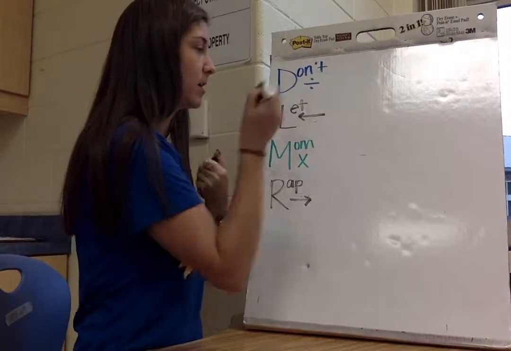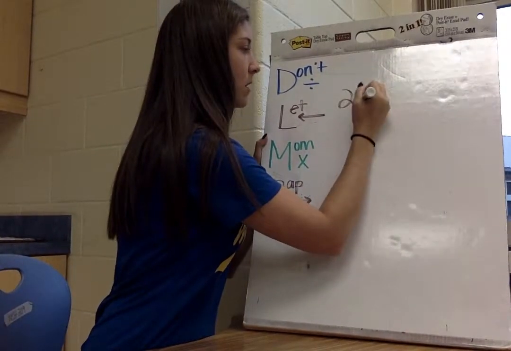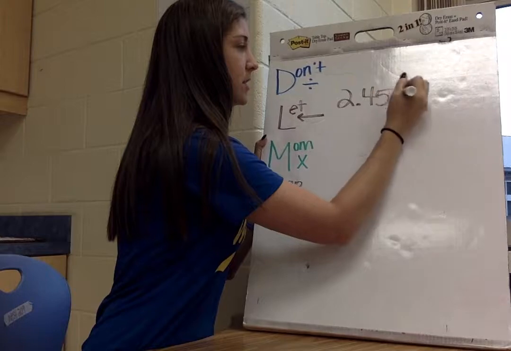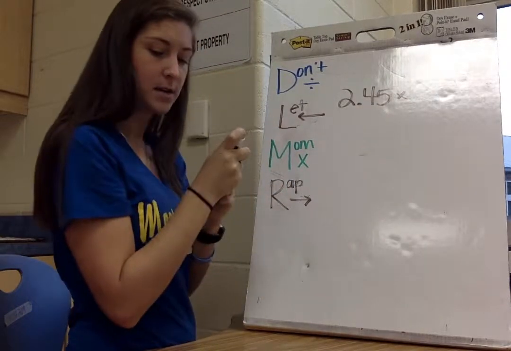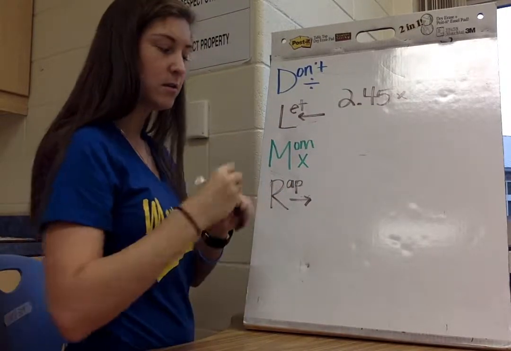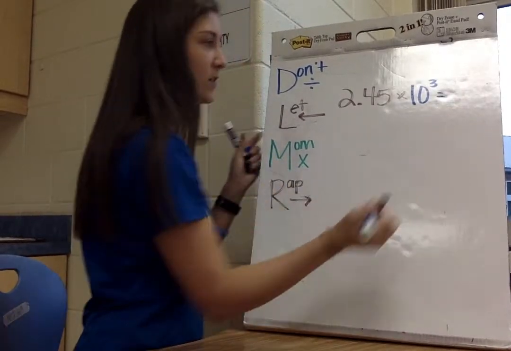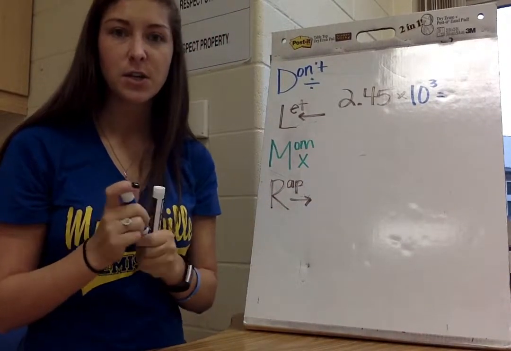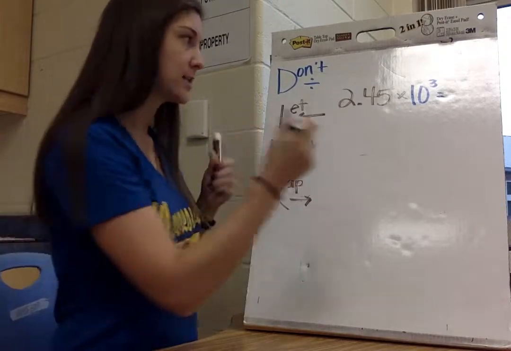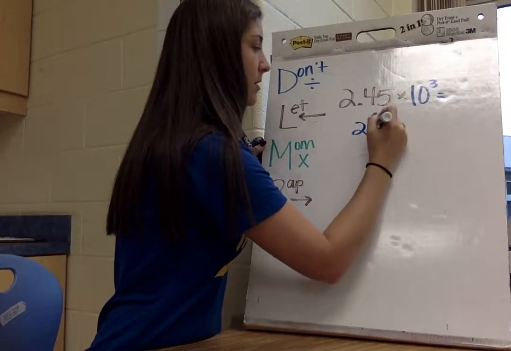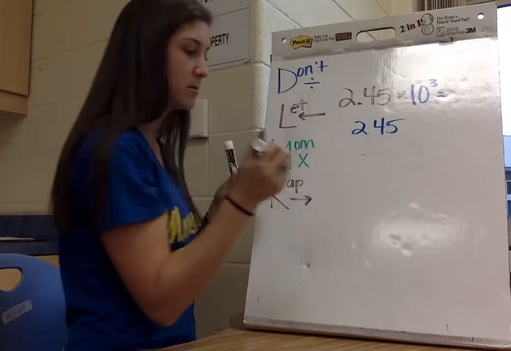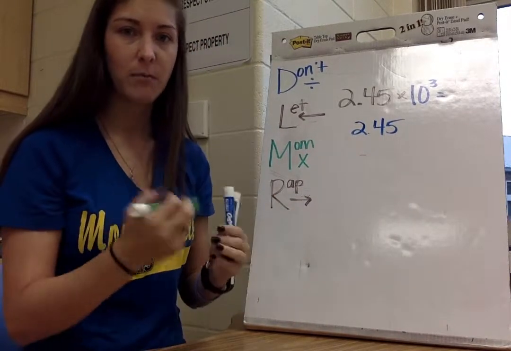If I have the number 2 and 45 hundredths times 10 to the third power, I have to figure out what that equals. What I told my class is that I always pull this number down so that I can easily move the decimal, and I'm going to do that with my green marker.